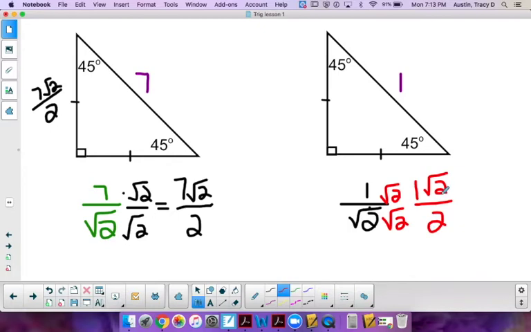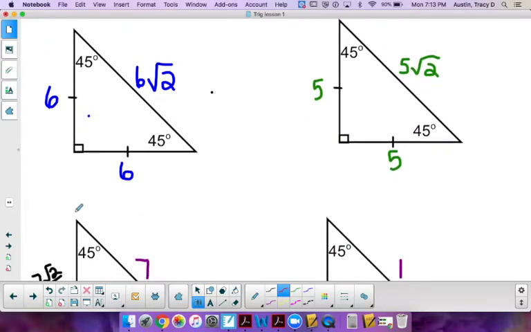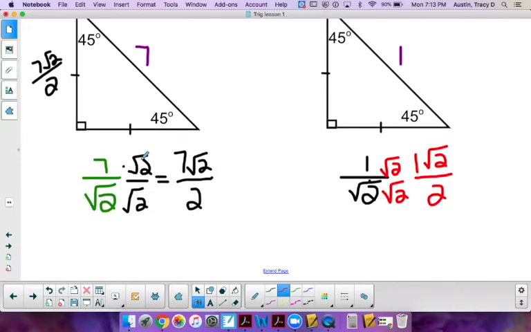And we normally would read that as the square root of 2 divided by 2, or root 2 over 2. Okay, it's just a shorter way of saying the same thing. Okay, so that's how you simplify given the 45, 45, 90s. Doesn't matter what you're given, the ratio is always the same. So you're either going to be multiplying or dividing by the square root of 2.